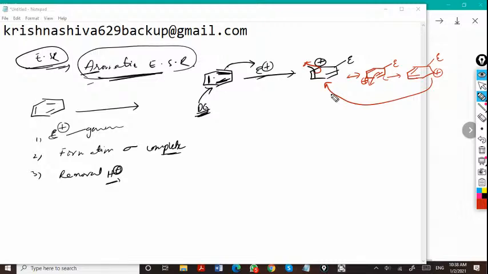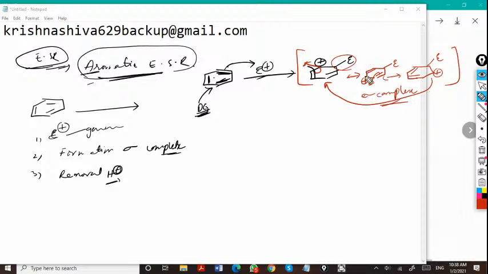Until it generates a similar system, it keeps delocalizing, so that it can get a number of stabilized forms developed by resonance. All these forms are said to be the sigma complex, formed by the sigma bond of the electrophile.